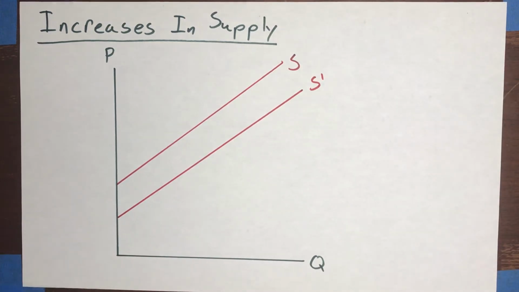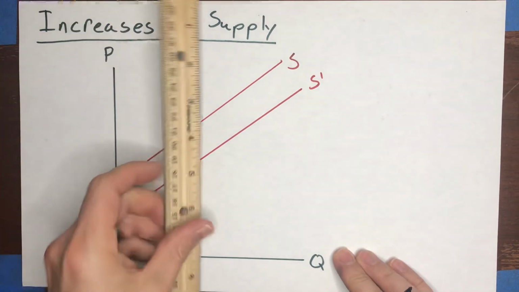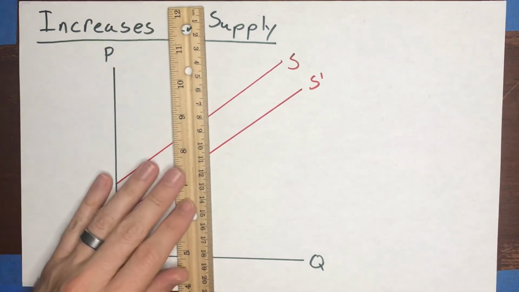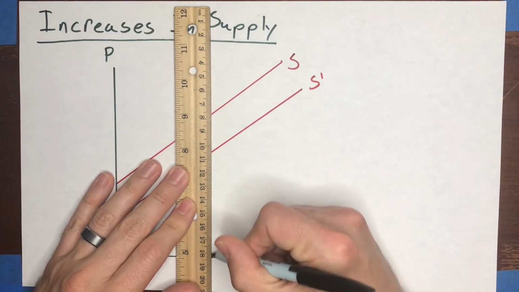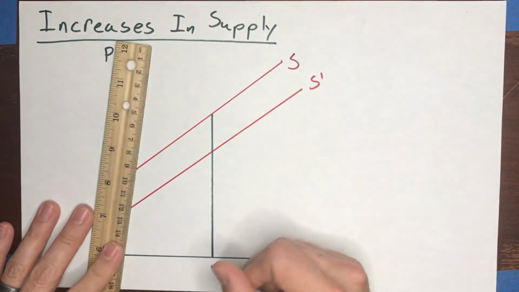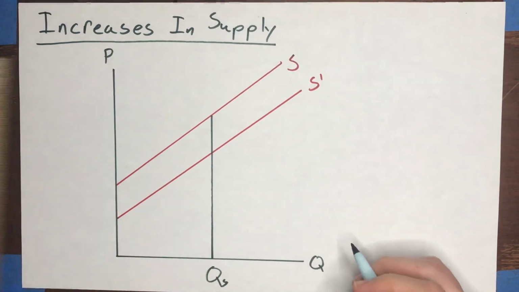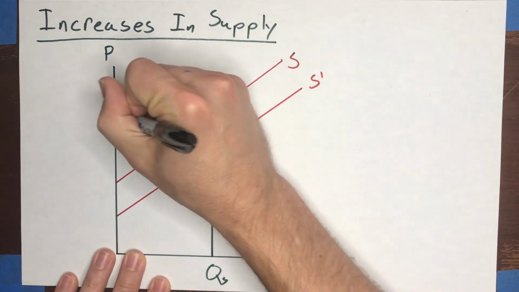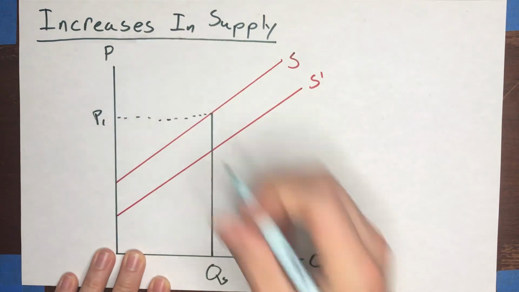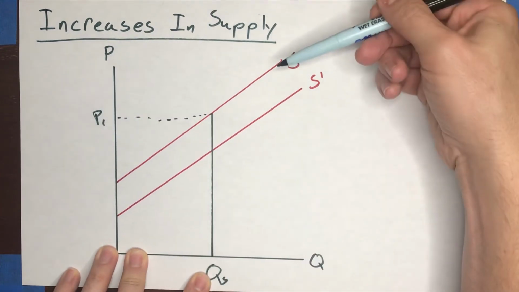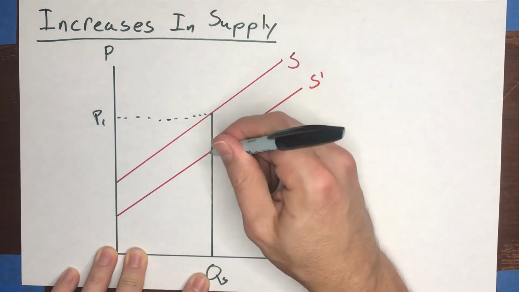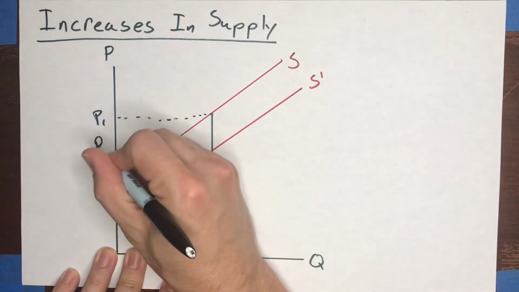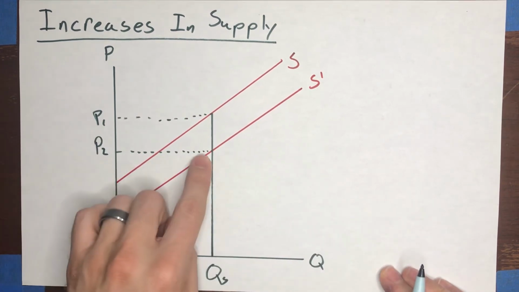And now notice that if we hold the quantity of units supplied constant at QS, at that original price, we would have had to pay this higher price P1. But now that the supply curve has shifted down and to the right, that increase in supply means you can get the same amount of the good for less money, a lower price, P2.